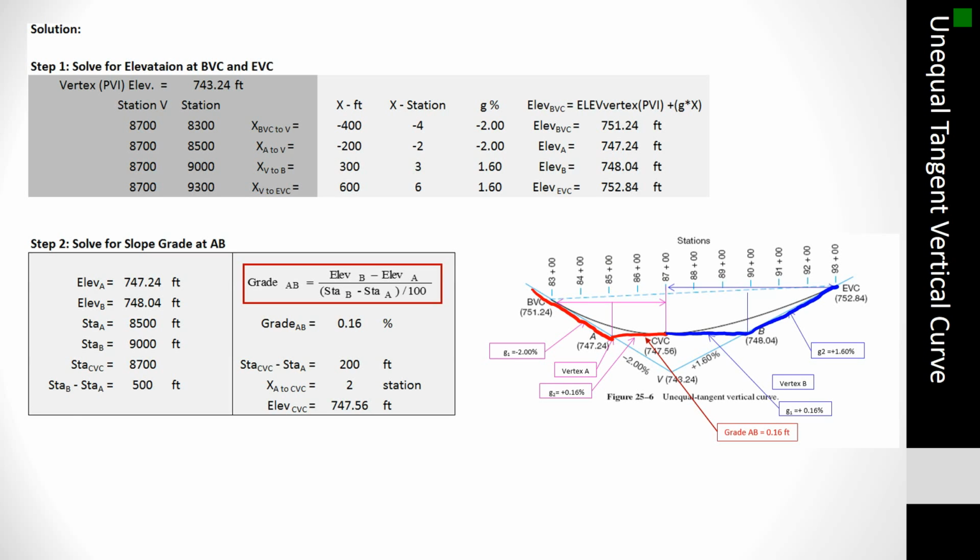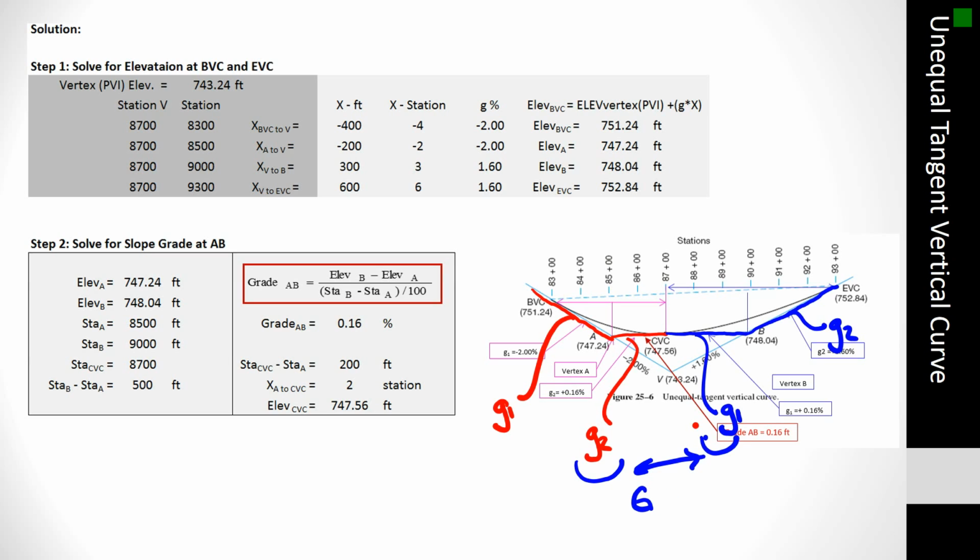When I'm looking at this, this is now my G1 and this is G2. And then this becomes G1 and this is G2 for that curve. So the G2 here and the G1 here are the same slope, and that's what we're calling grade at AB.